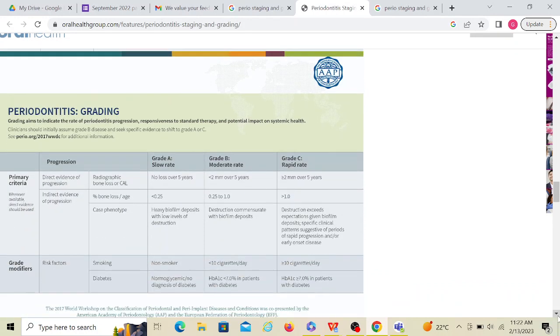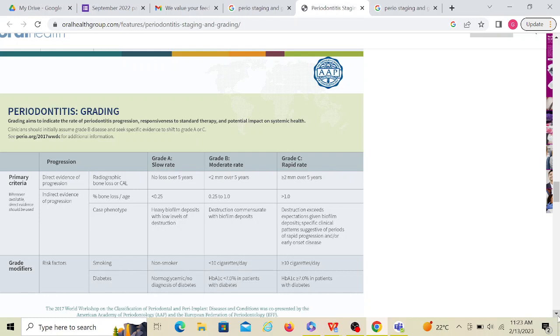So by default, any patient comes to you, you will rate him as grade B. Okay, you're going to assume that he is a smoker and he has diabetes. Now depending on what the patient says, I'm either going to classify him into grade B itself, or I'm going to lower his classification to low risk, that is grade A, or I will elevate him in my classification system, put him in grade C if he's giving me more complex history.